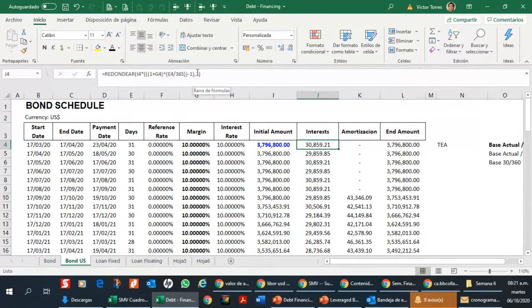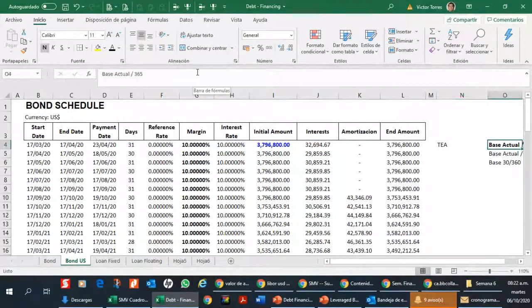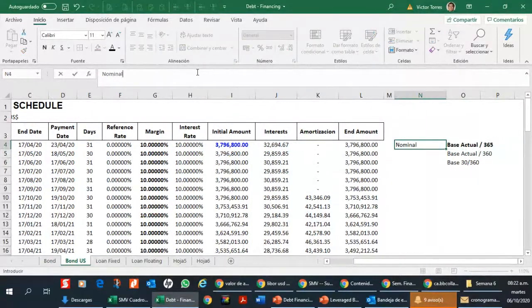What normally occurs outside Peru is that you do not use tasa efectiva anual, effective annual interest rate, right? You use nominal interest rate, right? So this interest rate that appears over here is going to be divided by 360, right? Times the number of days times the initial amount. So when you talk about nominal interest rate, right?